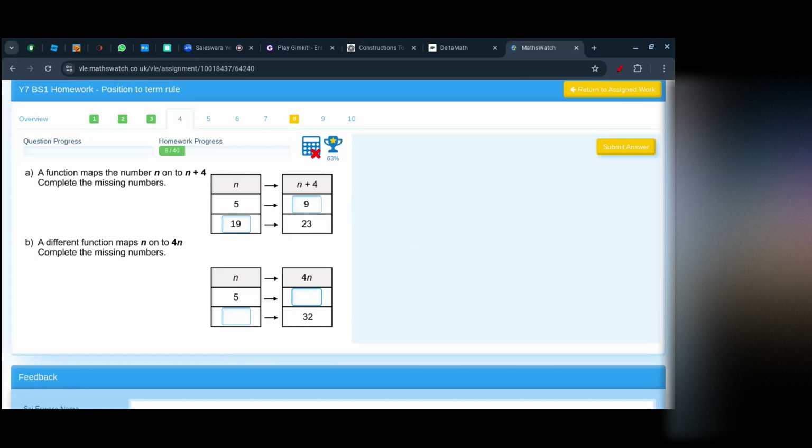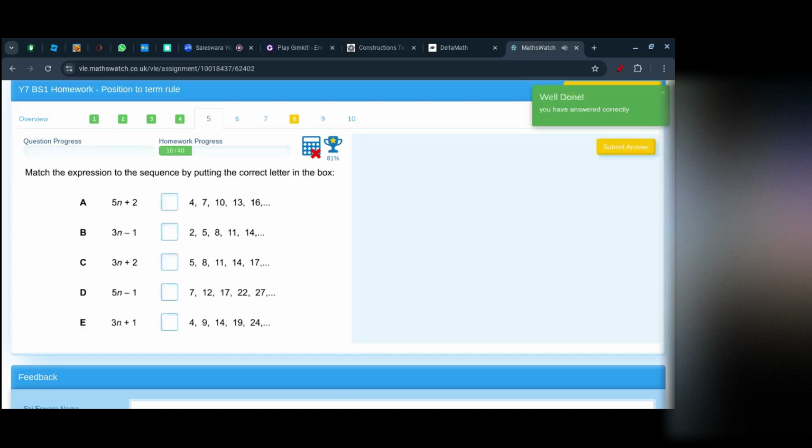So it's 4 times 5. Yes. 20. Very good. That should be 8. Yes. 5n plus 2. Plus 2, plus 2, plus 2.